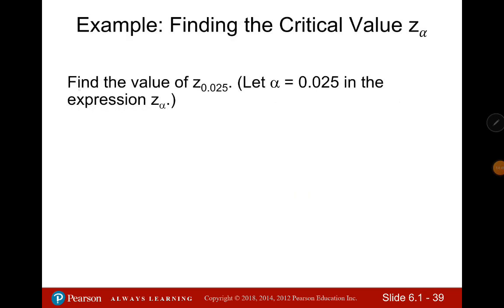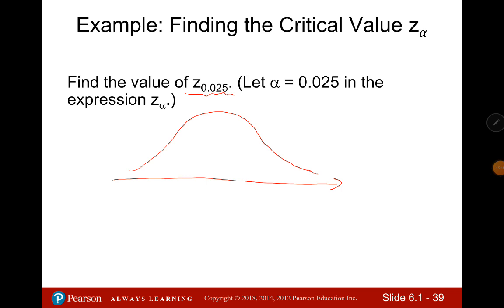So let's see, how can we find the Z? Because we have C sub 0.025, which means alpha is 0.025 in this case. So how can we find the corresponding Z if we already know the area?